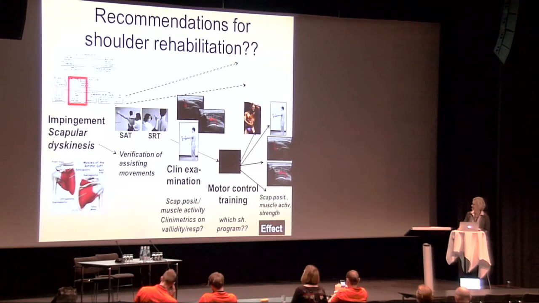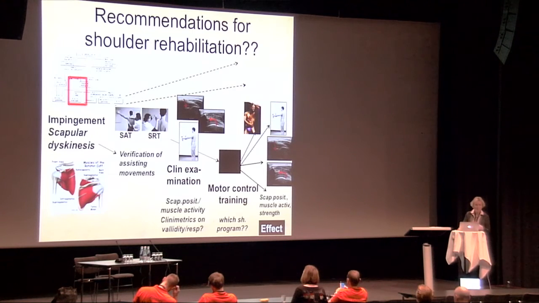We may also use ultrasound to look whether the tendon of the supraspinatus goes smoothly under the acromion, or we can look at the acromial humeral distance to see whether it's tight or not, and to be more sure whether we have a scapular dyskinesis condition or not.